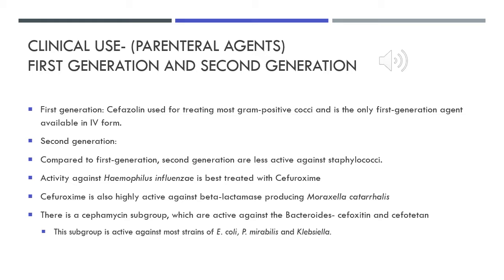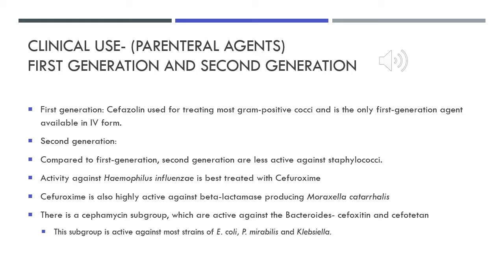Second generation, when we compare it to the first generation, the second generation is less active against staphylococci. What we do use it for is pretty strong activity against H. flu, and that would be cefuroxime. When we look at cefuroxime, we're also noticing that it's highly active against the beta-lactamase producing Moraxella catarrhalis.